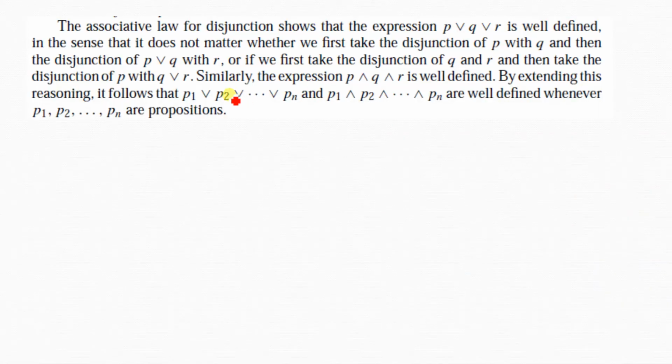This is the generalized form of associative laws. That is, if we have an expression P1 or P2 or ... or Pn, then this is equivalent to P2 or P1 or P3 or ... or Pn.